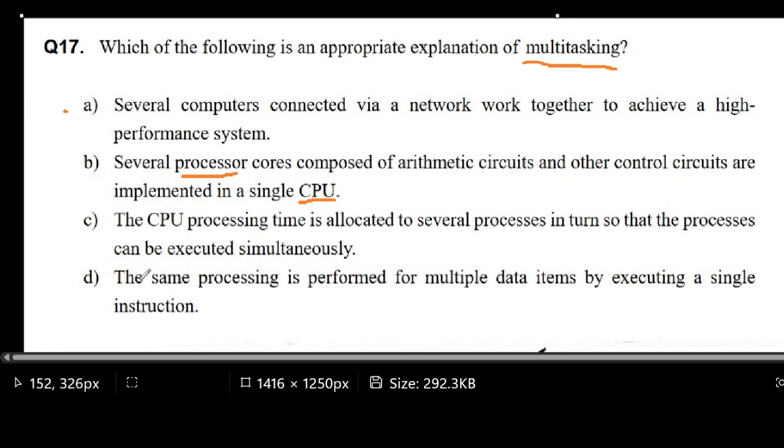Okay, so if you go to letter C, it's saying that the CPU processing time is allocated to several processes in turn so that the processes can be executed simultaneously. I think this is also okay because we have here the word simultaneously, and we know that if you're multitasking, you're doing several tasks at the same time, at least from our impression.